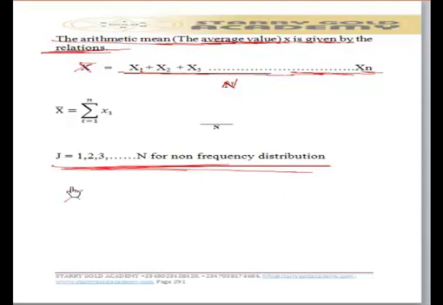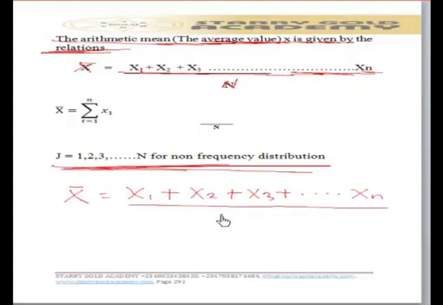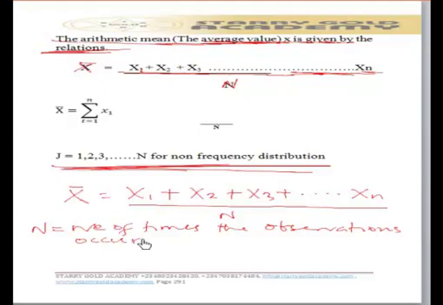So the x bar here represents the arithmetic mean or the average value, and the formula is x1 plus x2 plus x3 up to xn all over n. Here, n is equal to the number of times the observations occur.